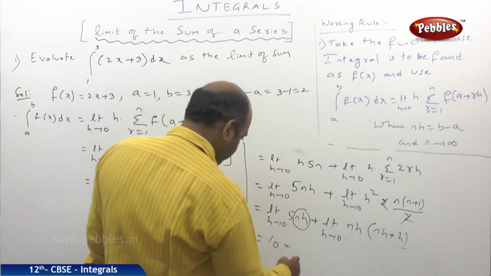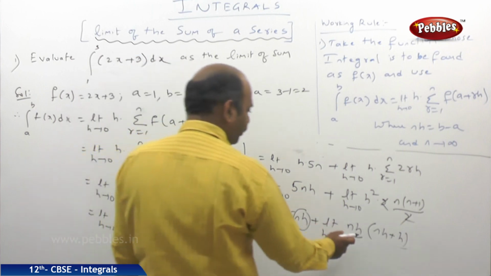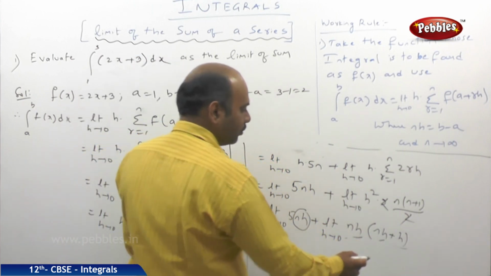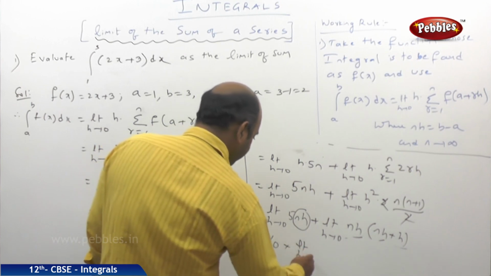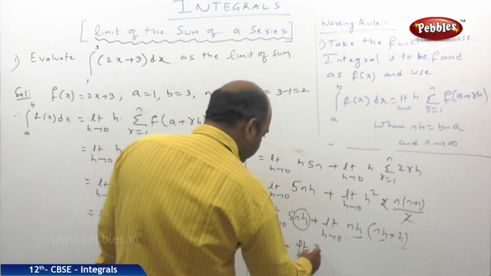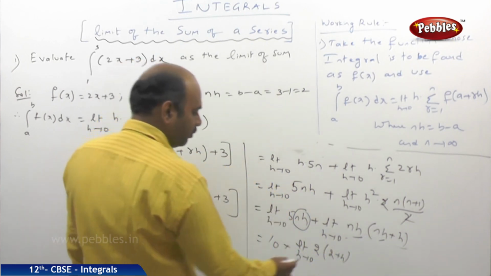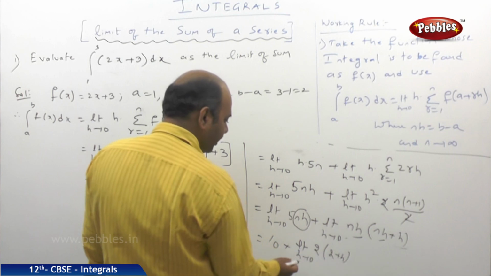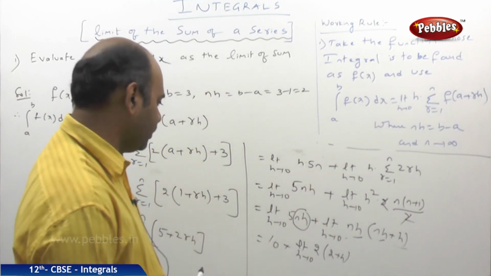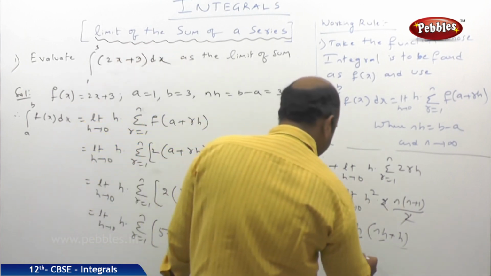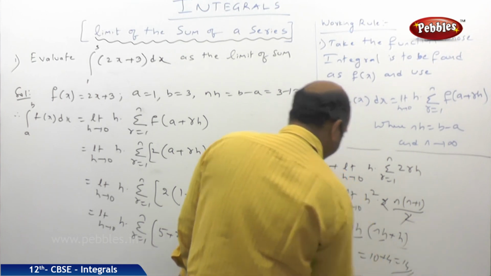And here also, in place of nh I can write 2, and h as it is. So limit h tends to 0 of 2 into (2 plus h). Now 2 twos are 4, 4 plus 2h, and limit h tends to 0, that part will become equal to 0. So our final result will be 10 plus 4, that is equal to 14.